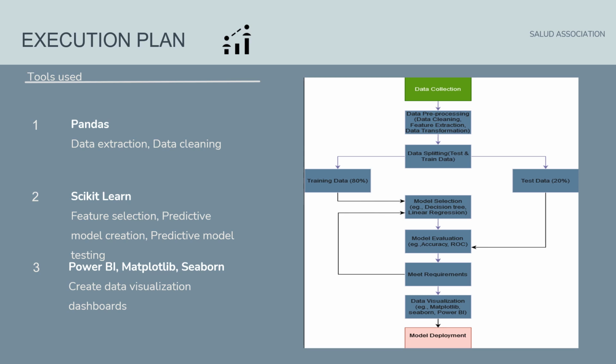Those are the visualization frameworks which we use. And also the processed data, the model-evaluated data we have got till now, we will load into a Power BI dashboard, and we will visualize it in Power BI for the client.